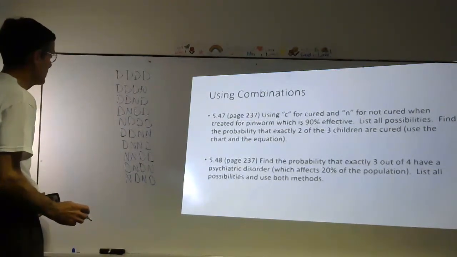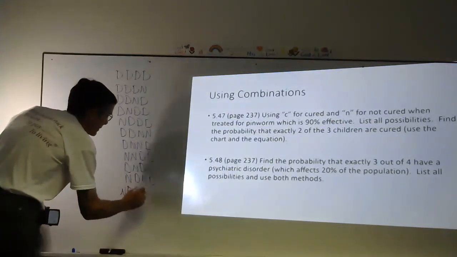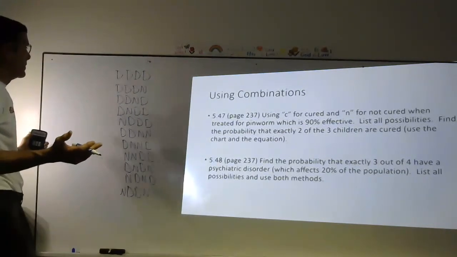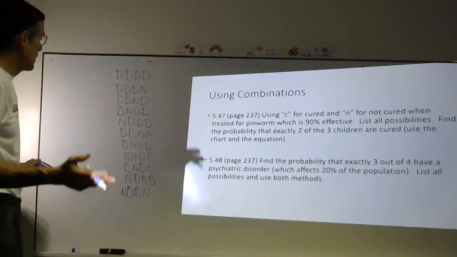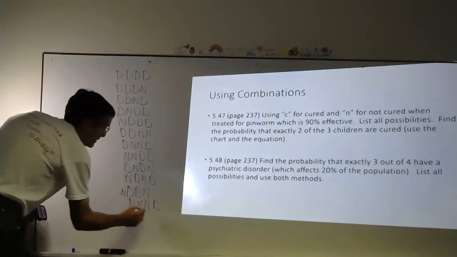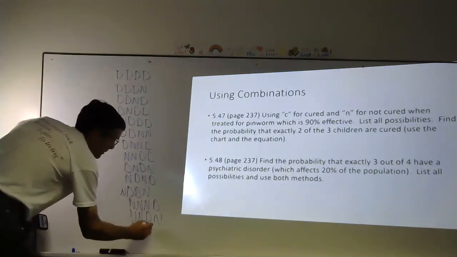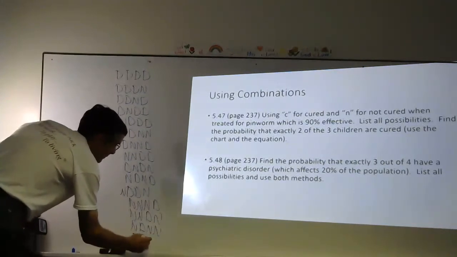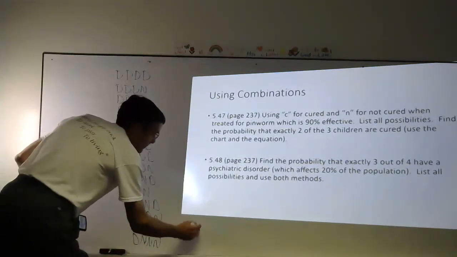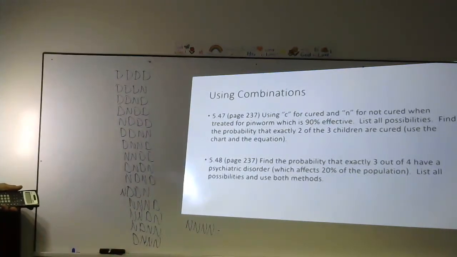D, N, D. Okay, I need N, D, N. Okay, so there are 6 of those. And then what about having 3 that don't have it and 1 that does? 3 that don't, N, D, and we don't know which one. Okay, and finally, all 4 do not have it. Okay, all right, an immense amount of work when you get up to 4 people.